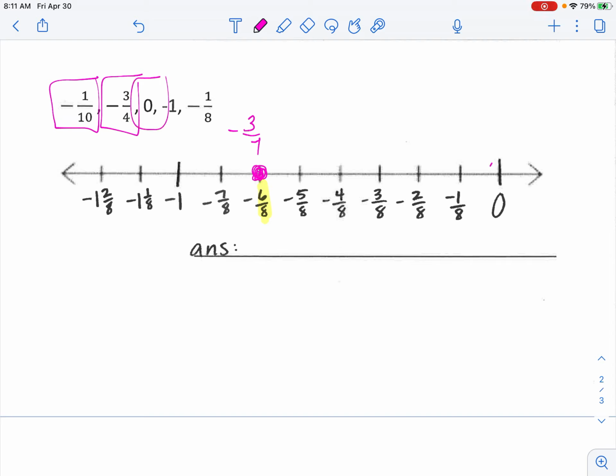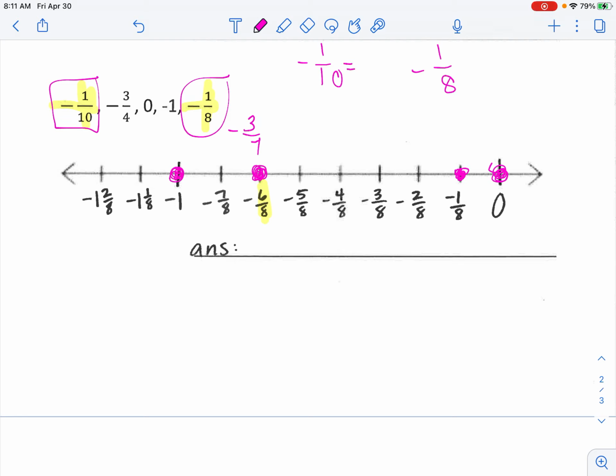Then I see 0 way down to the right. I see negative 1. And I see negative 1/8. Now I'm going to erase, focusing on my negative 1/8 and my negative 1/10.